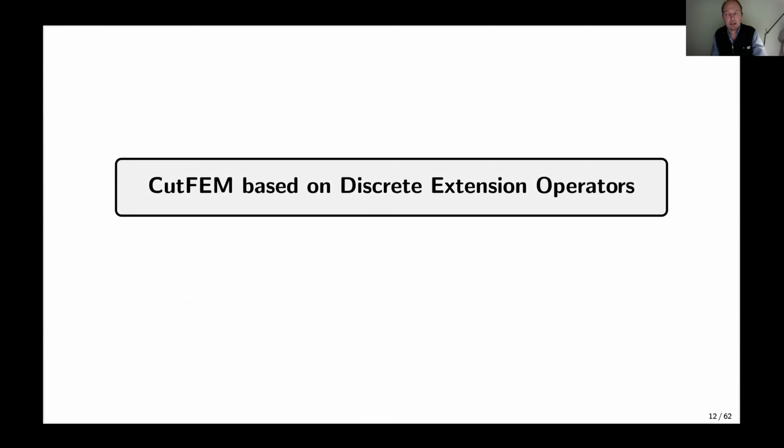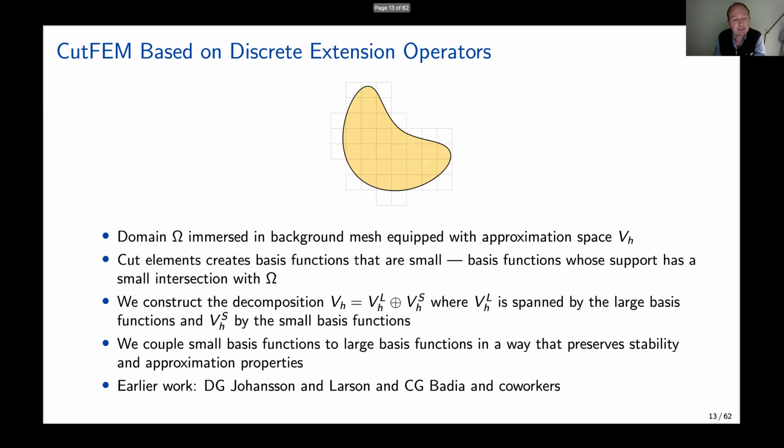Okay, so let me now discuss some recent work of ours on discrete extension operators as an alternative to weak stabilization. So again, we consider a domain, it's embedded, and we need to do something to handle the small elements. But here we take an approach more based on basis functions.